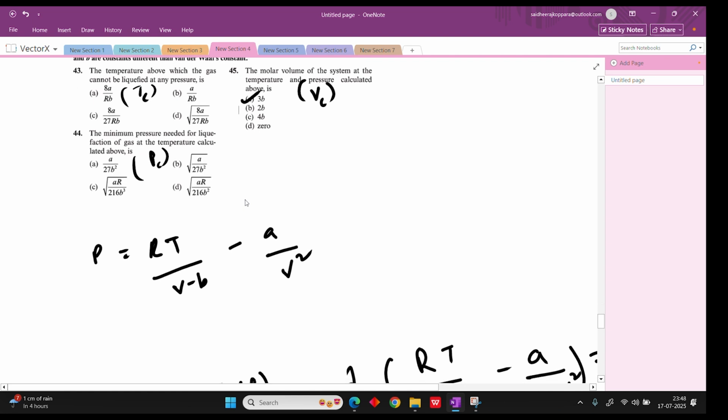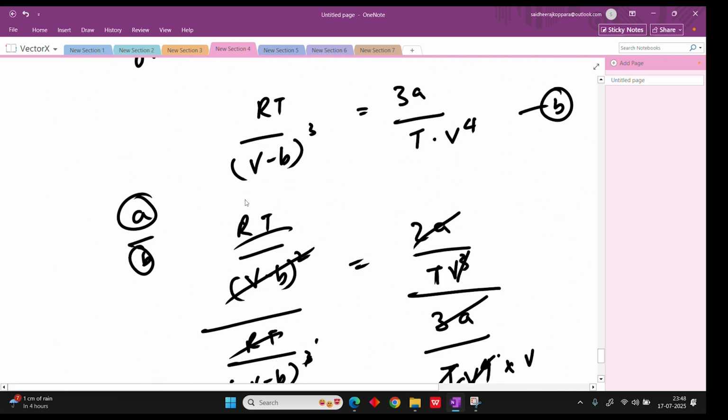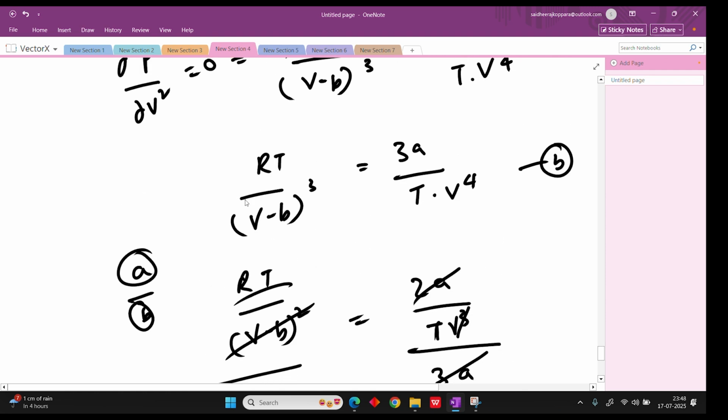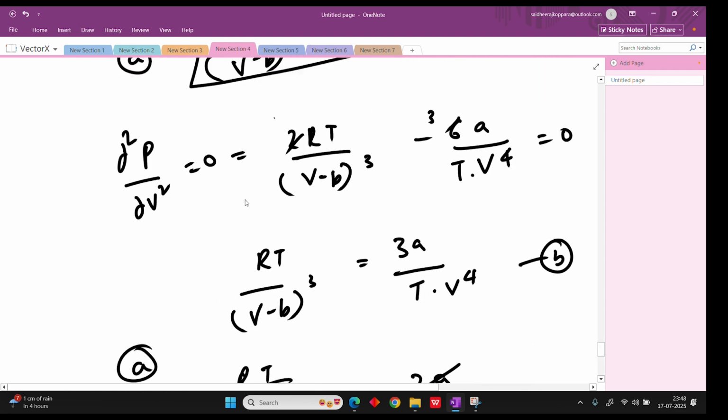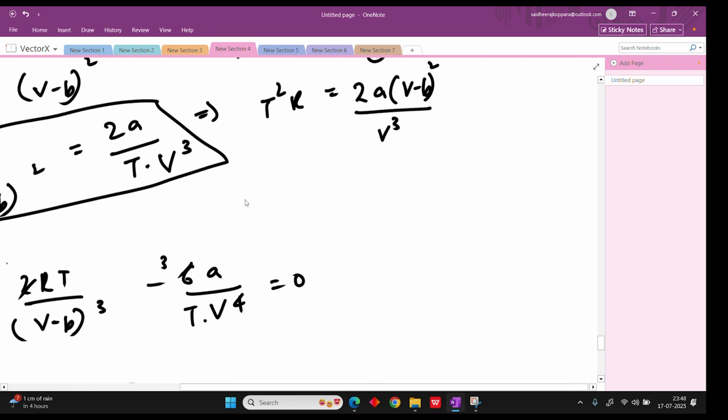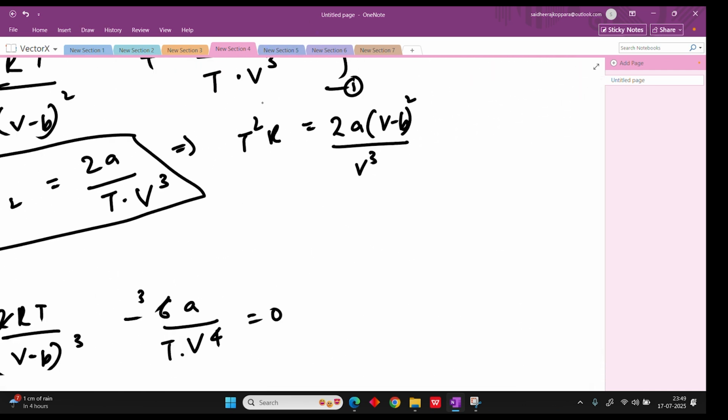Now, while calculating your PC, we shall be first calculating your TC with this equation.